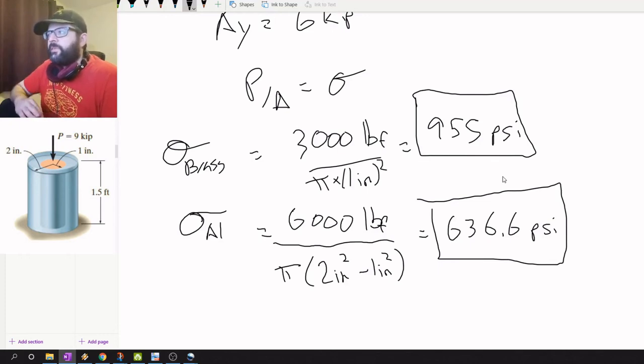Regardless of what ratio of cross-sectional area you have, in a loading situation like this you're always going to get the brass having a higher stress level, because the stress is directly proportional to the strain, and in this case the strain is the same. Multiply that by the Young's modulus, and the material with the larger Young's modulus is going to have the larger stress.